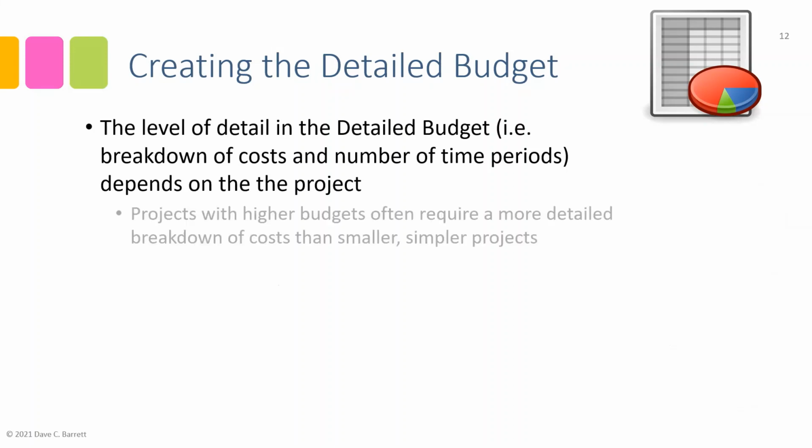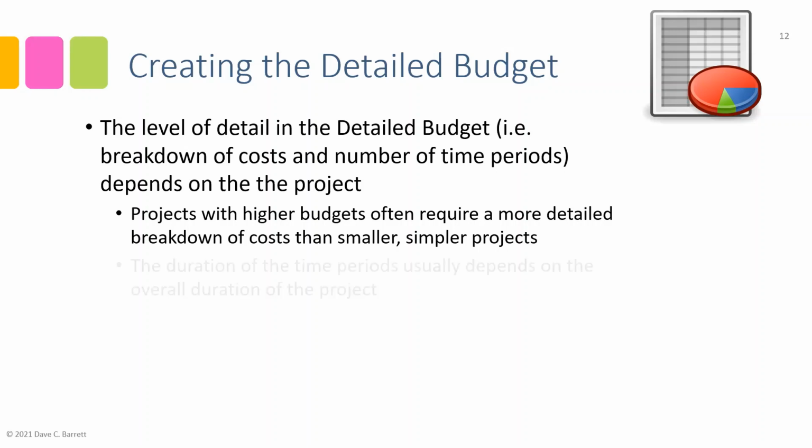We'll go into that. Projects with higher budgets often require a more detailed breakdown of costs than smaller, simpler projects. And that should make sense. If you're dealing in hundreds of thousands or millions of dollars, there may be a higher level of accounting needed than on a small, simple project that is spending a very, very small amount of budget.